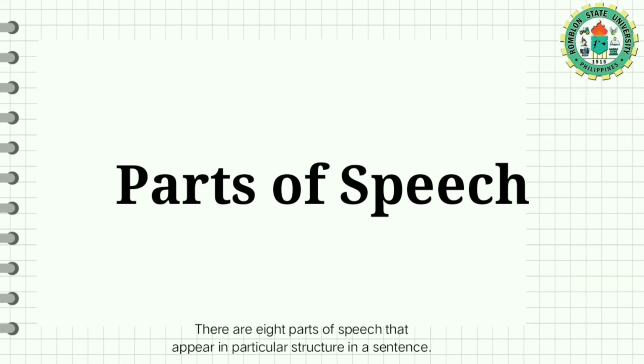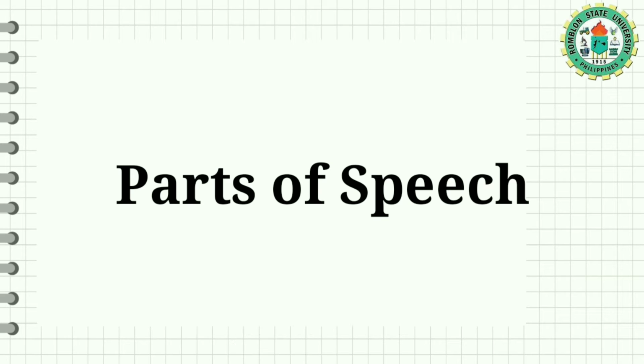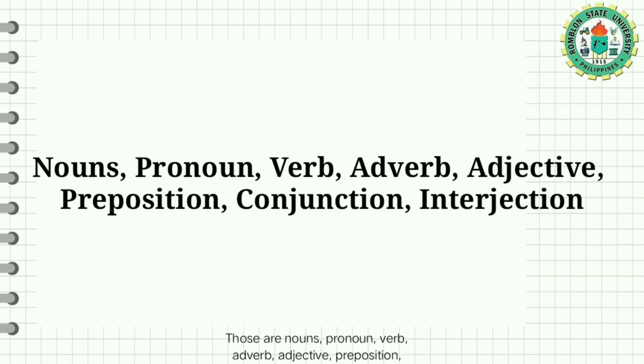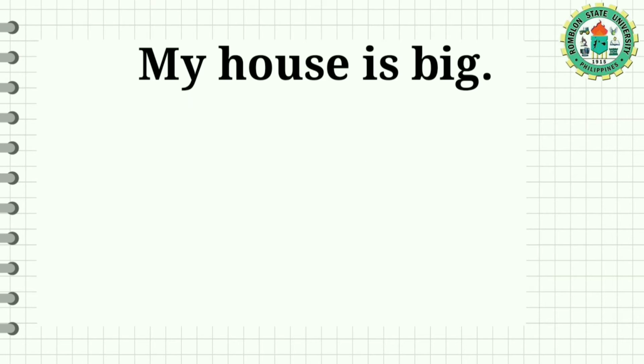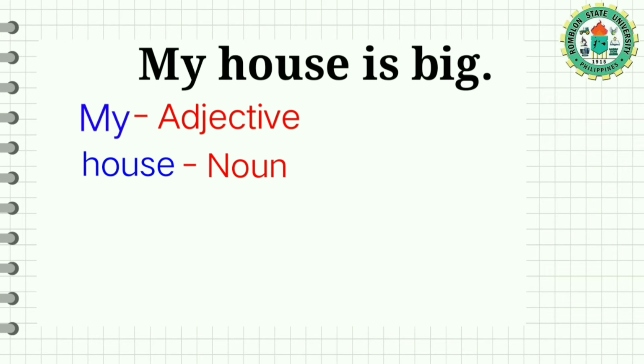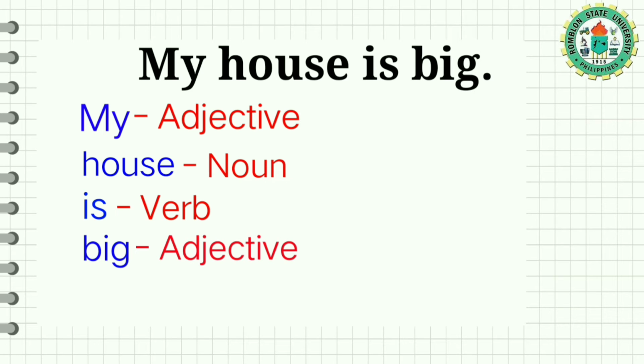There are 8 parts of speech that appear in a particular structure in a sentence. Those are nouns, pronoun, verb, adverb, adjective, preposition, conjunction, and interjection. Example, my is adjective, house is noun, is verb, big adjective.